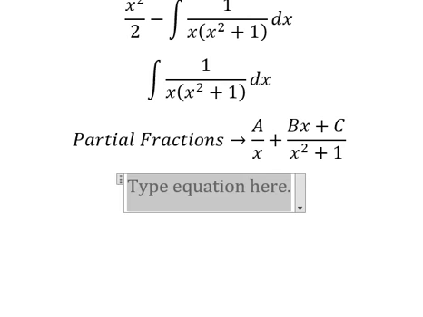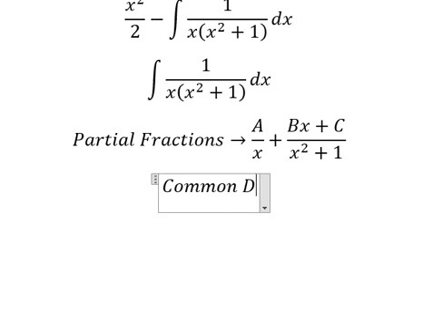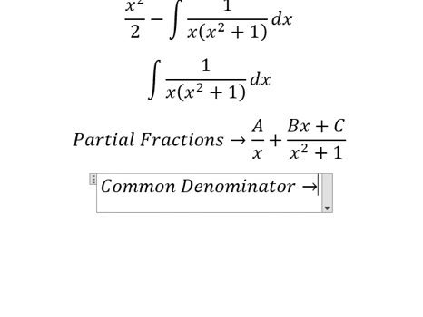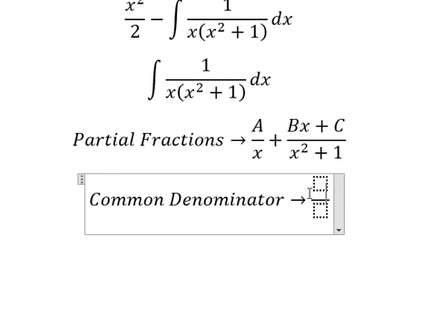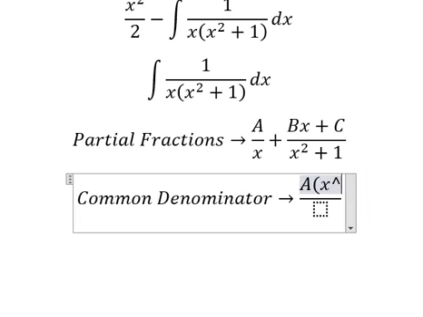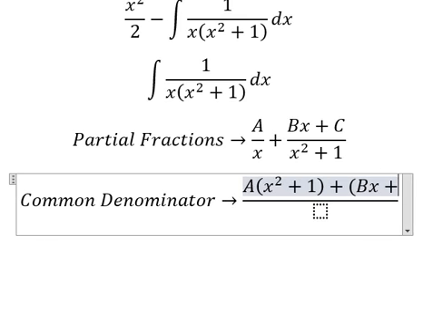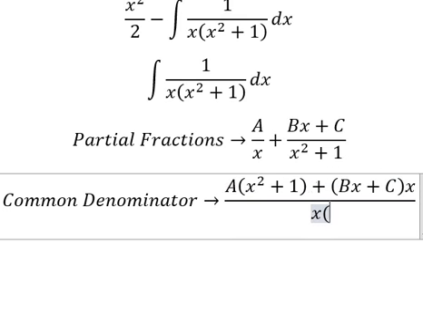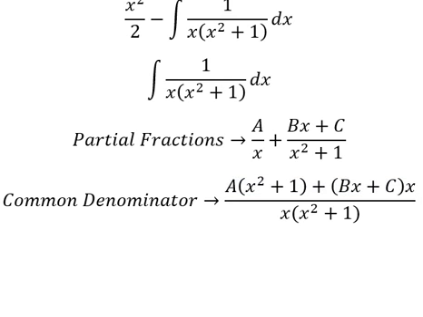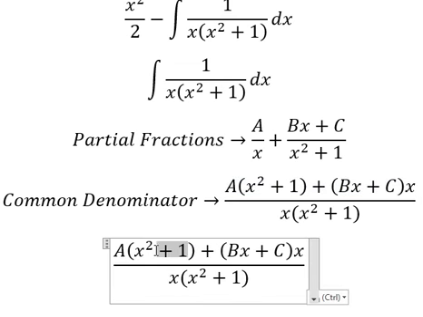Now we do common denominator, so we have capital A multiplied by s squared plus 1 and bs plus c multiplied by s. Now we need to expand this one.